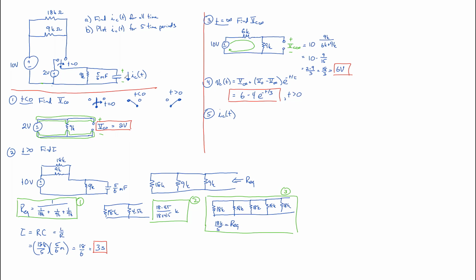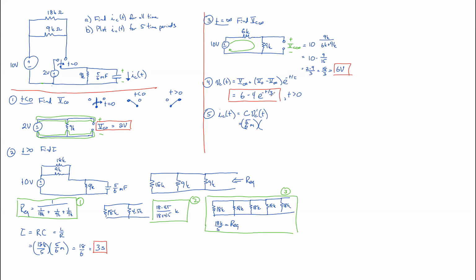Since it's not a resistor, but it's a capacitor, we can use the constitutive relationship for a capacitor and say the current through it is equal to the derivative of the voltage across it. So what we need to do is take the derivative of this and multiply it by C. Our C we said was 5 over 6 millis.